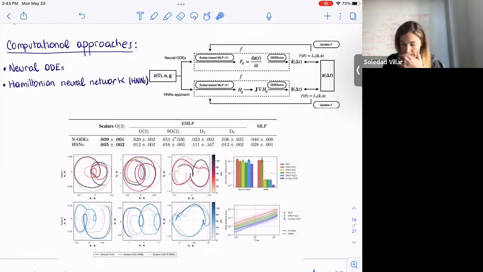But still, even in that case, we see that this performs better. And also, this Hamiltonian neural network implements the Hamiltonian symmetry, and this neural ODE doesn't really implement the Hamiltonian symmetry. So adding more symmetries suggests that the generalization error is smaller.